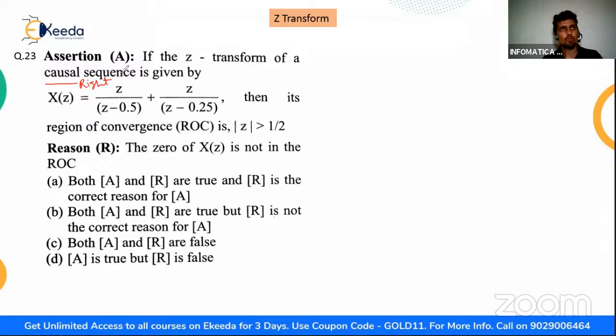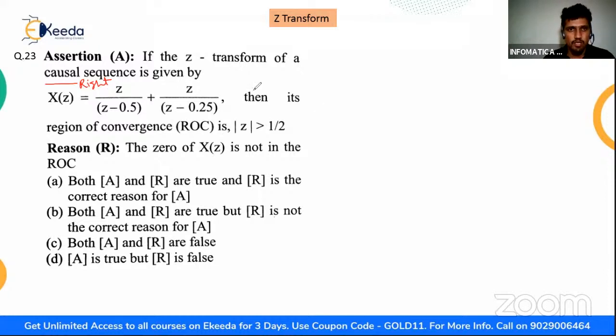You must be able to extract the information from the question itself. So always read the question very carefully, and read the questions and the options completely. So causal means a right-sided sequence is given by this. Then the region of convergence is.